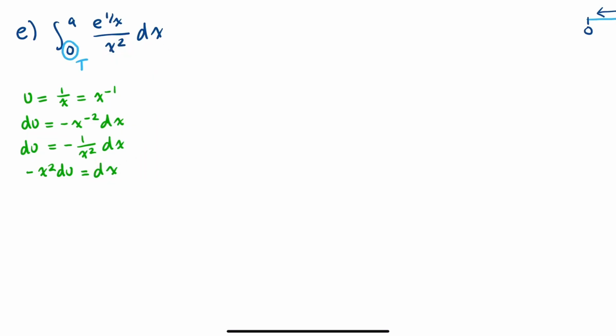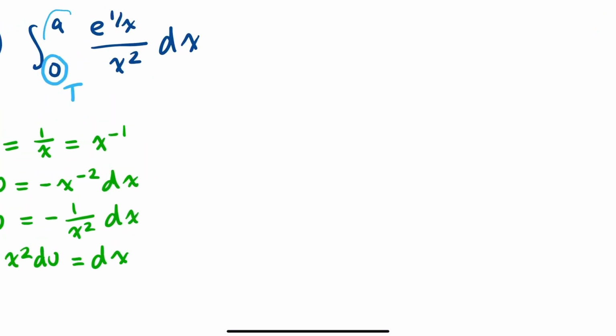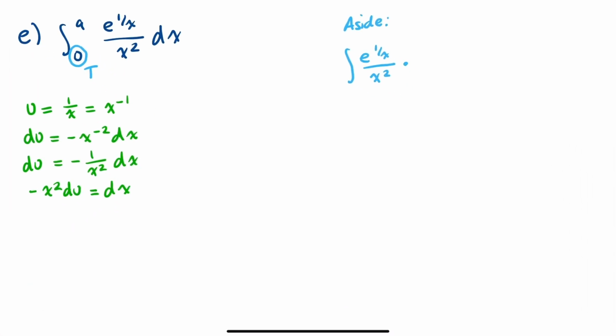For now, I'm just going to drop the definite integral with the numbers and do this aside. So I'm going to say that this is equal to e to the 1 over x divided by x squared. And then I'm going to replace dx with what we just solved for, which is going to be negative x squared du.